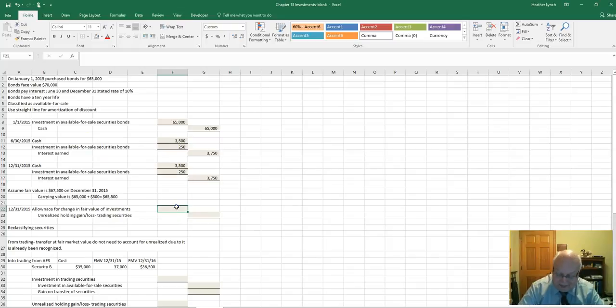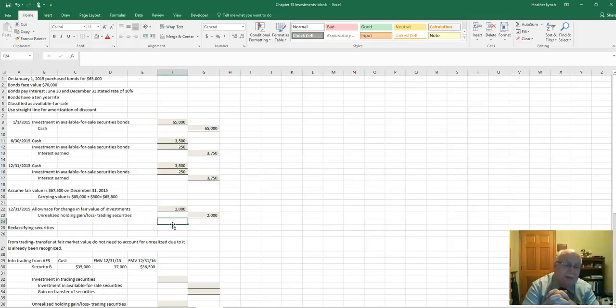Okay, so what we have here is 65,500, and the fair market value is 67,500. So if you want to, you take 67,500 minus 65,500. So it'd be $2,000.